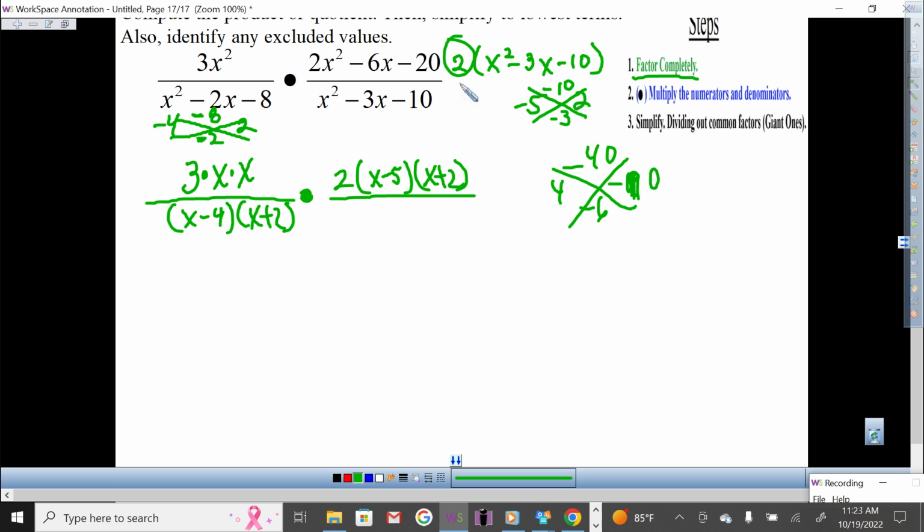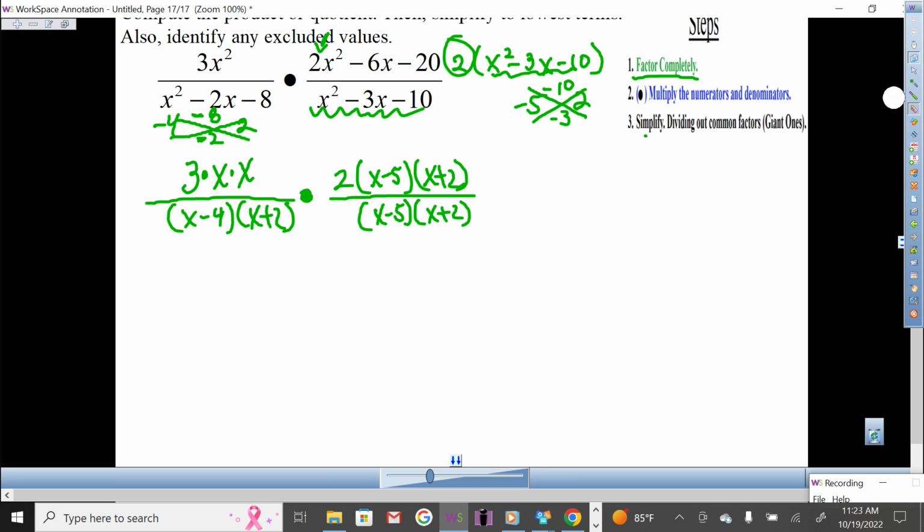And then, since this one has a leading coefficient, yeah? Okay. All right. Look at the denominator. Who notices that this one is the same as this? Yeah, so we write what? X minus 5, x plus 2. All right. We're done with step 1.